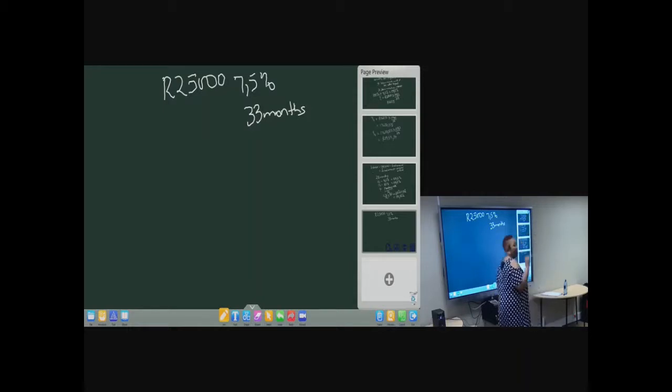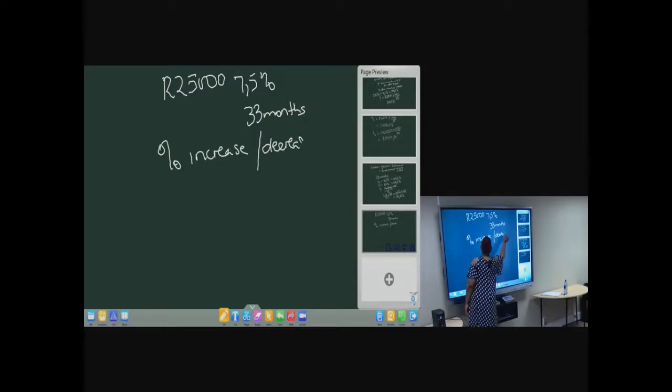One other important application of percentages, which will always be in the paper, is percentage increase or percentage decrease. You are going to be given a scenario. Let's say you are told that in a school, in 2011, there were 750 learners. And then in 2012, in this school, there were 785 learners.